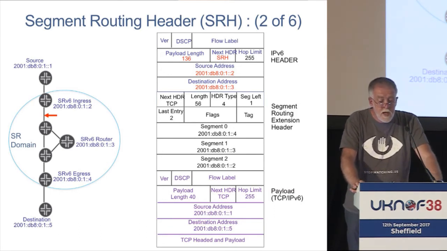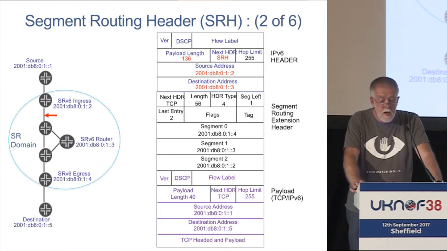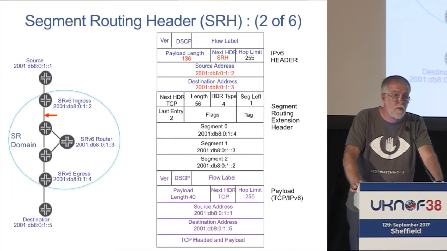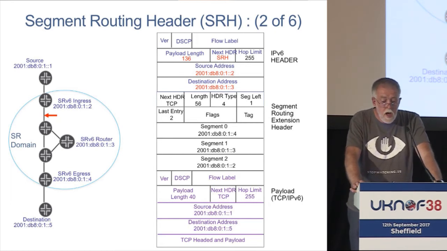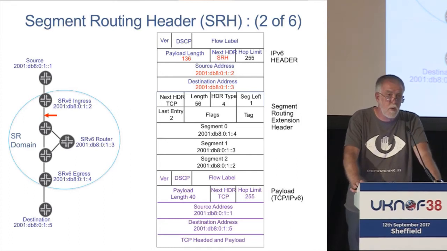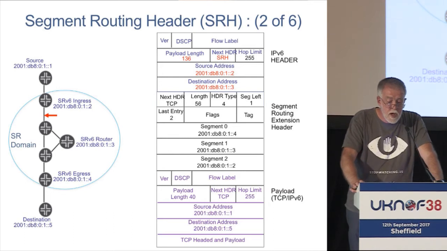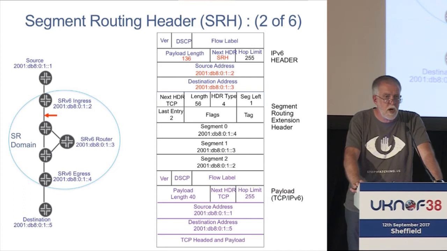And what you see in this is that the next header field says there's a segment routing header coming, and the source and destination addresses have got munged. The source is where we entered the domain, and the destination address is the next segment address.